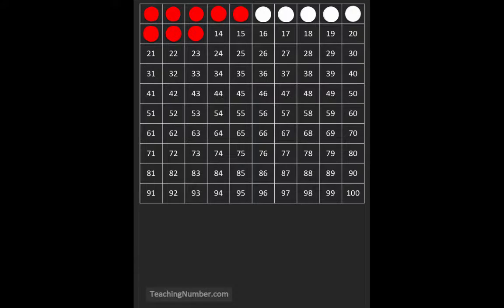For example, we can break the problem of subtracting 10 from 13 down into the problem of subtracting 3 from 13 to get 10, and 7 from 10 to get 3. Thus, 13 minus 10 equals 3.